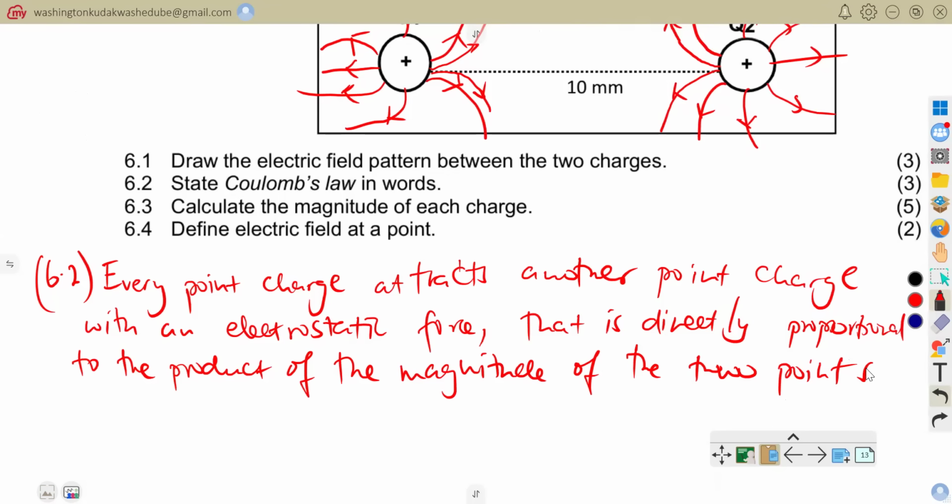So here we are more interested in the word magnitude.